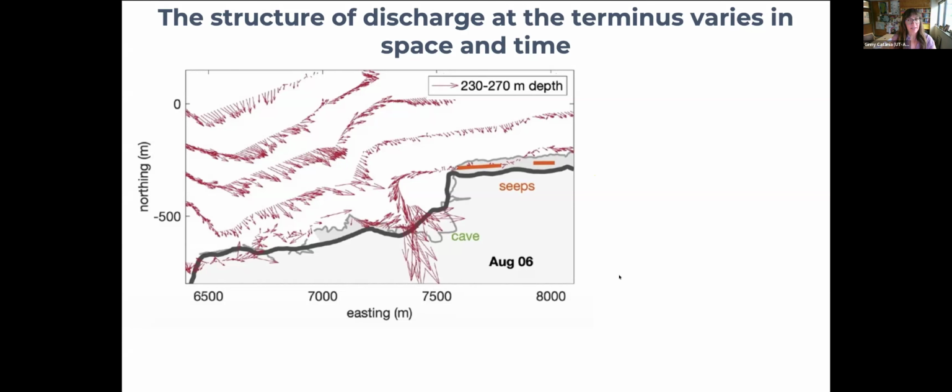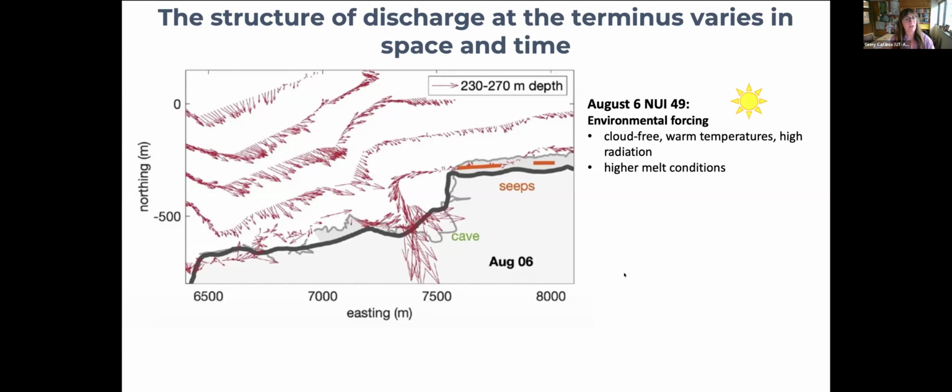And this day, August 6th, was a very sunny day. There were no clouds in the sky, very warm temperatures, lots of radiation. So we think that there's very large melting happening during this time.